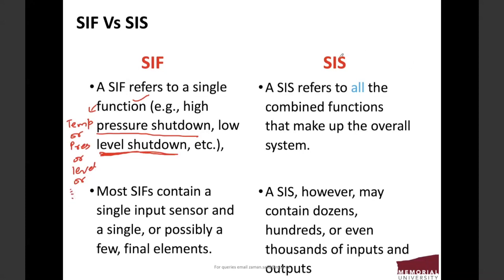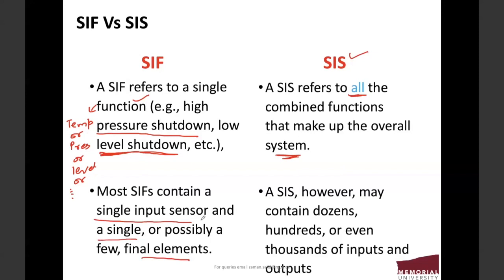However, the SIS refers to all the combined functions that make up the overall system. So I can say that a SIS will have more than one SIF in it. In terms of the SIF, most SIFs contain a single input sensor and a single or possibly a few final elements.